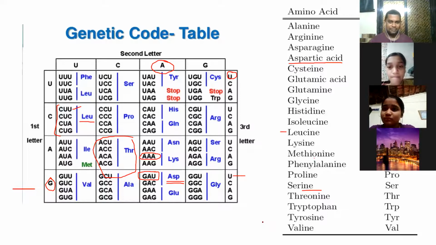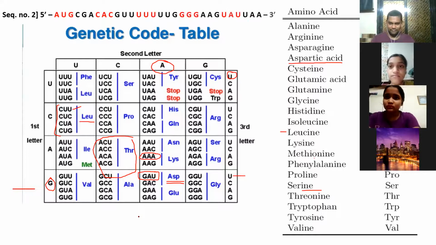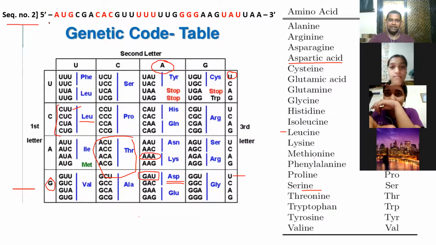Now we'll move ahead to one more question. You can see I'm giving you a sequence on the screen. At the top, there is a sequence I have given, a random mRNA sequence. It starts from the 5' end. Now there are codons written one after the other, ending at 3'.